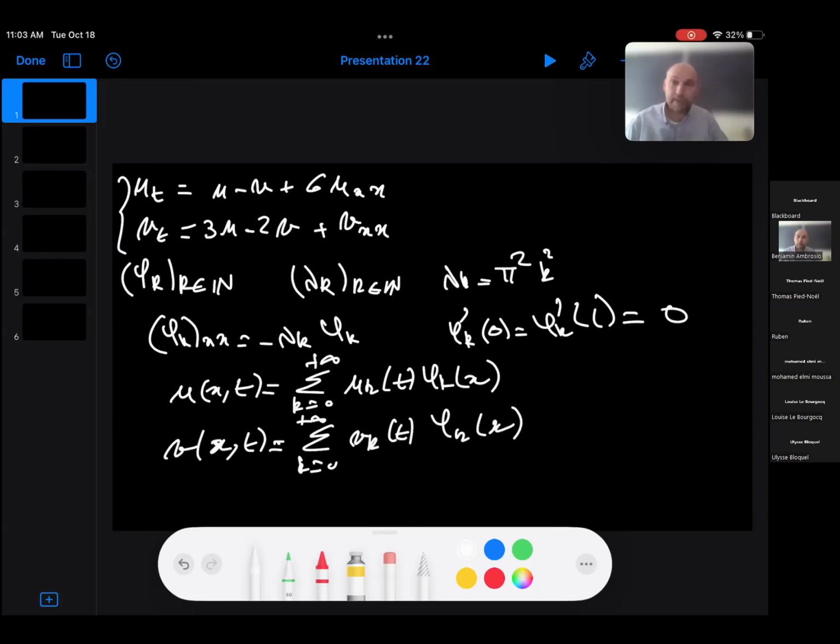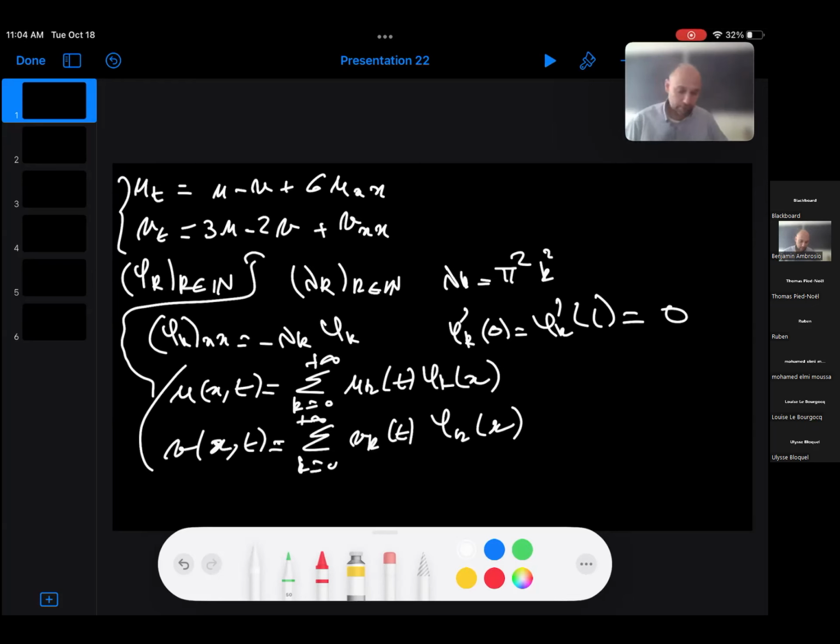So basically what I want to do is plug these two expressions into the equation. So phi_k, I know it. I want to find u_k and v_k of t for each k.